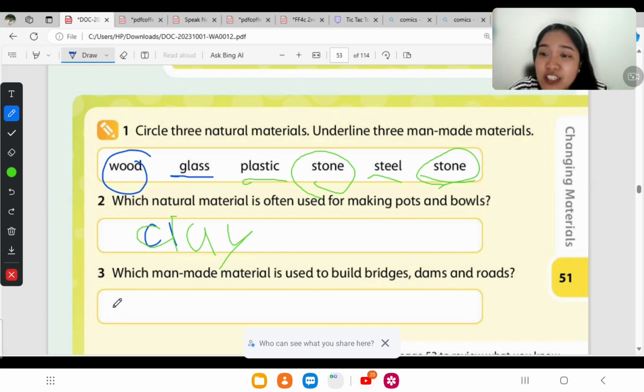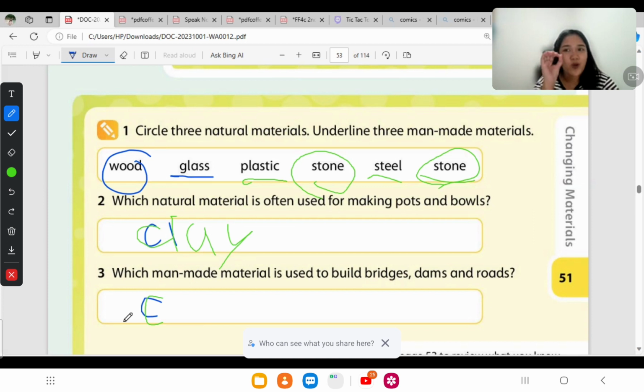And number three now. Which man-made material is used to build bridges, dams, and roads? It also starts with letter C. Concrete. Okay, let's spell the word concrete.